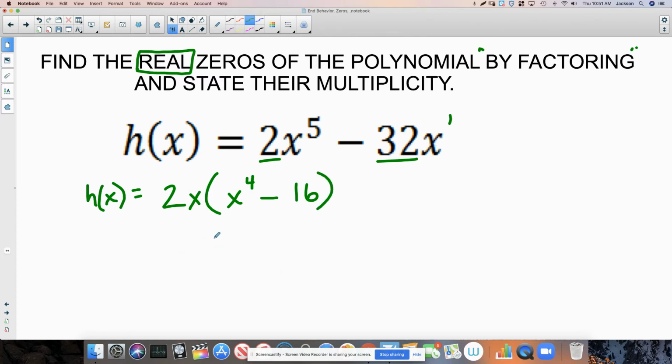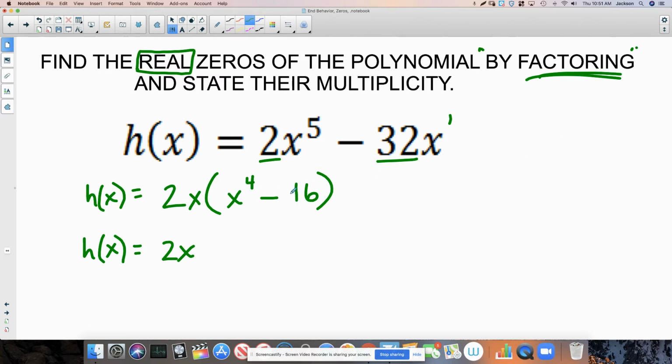Now when we look at this polynomial, the way that it's structured, how do I continue to factor this? Well, 2x is 2x. Let's look at this binomial. It's not blatantly obvious right off the bat, but we have two options, right? When you have a binomial and you're talking about factoring a binomial, you're either looking for the difference of squares or the sum and difference of cubes.